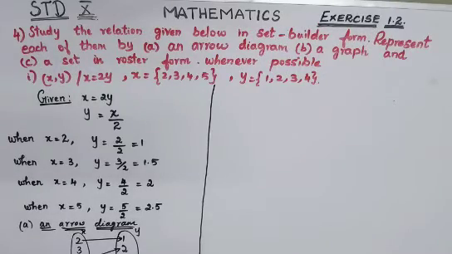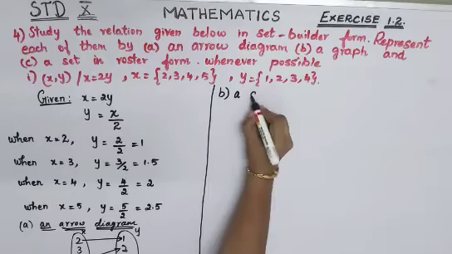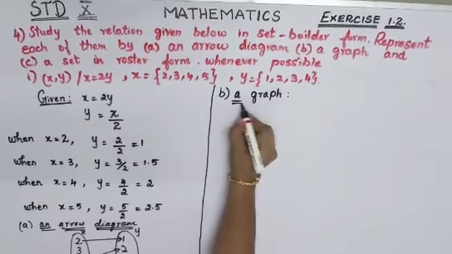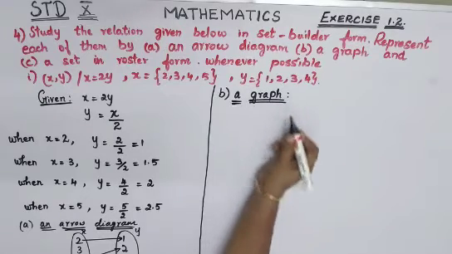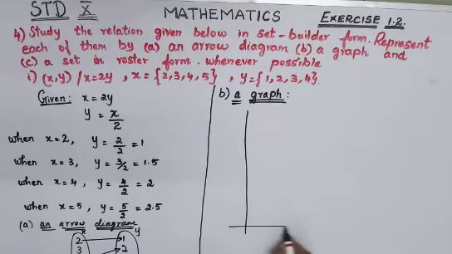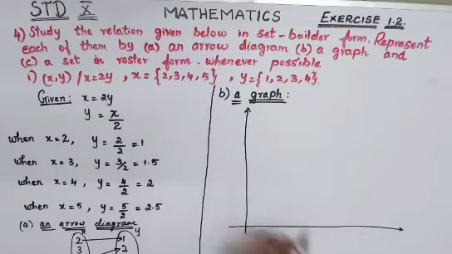The second subdivision is B. You will have to draw a graph for that. So we will draw the y-axis and x-axis, and mark your values, 2, 3, 4, 5, as given.